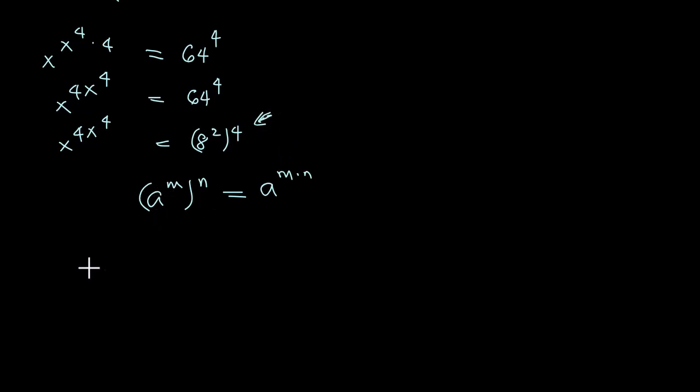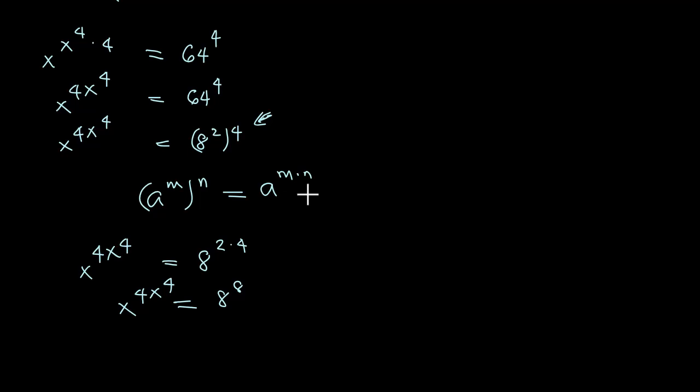So we have x raised to power 4 times x raised to power 4 is equal to, opening up the bracket gives us 8 raised to power 2 times 4. 8 raised to power 2 times 4 is 8 raised to power 8. And then I have x raised to power 4, then x raised to power 4.